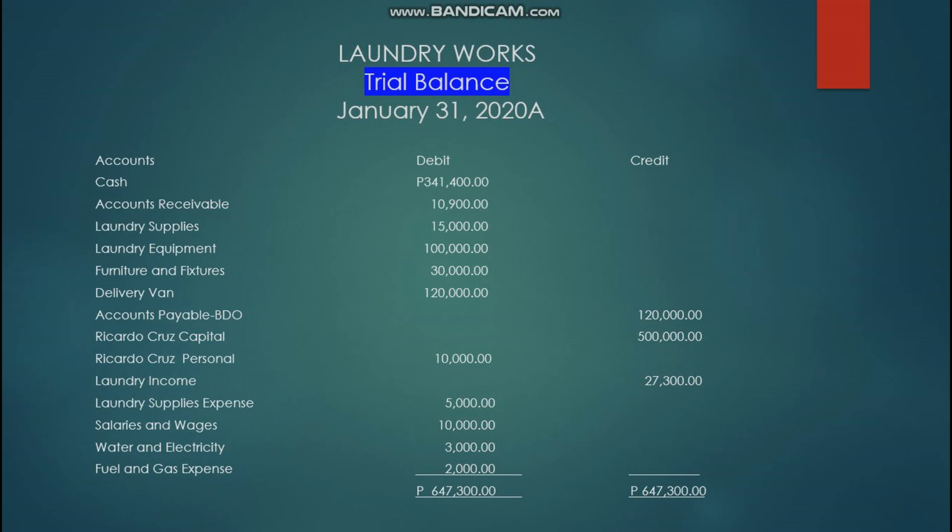So, you put all those debit balances under the debit column and all those credit balances under the credit column. All these amounts are the net balances, and if you total all the net debit balances here, it will give you the same result when you total all the credit net balances in the amount of 647,300 pesos. So the total debit is equal to the total credit. Okay?